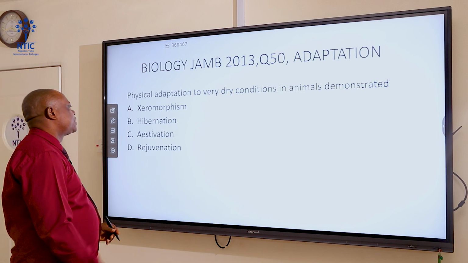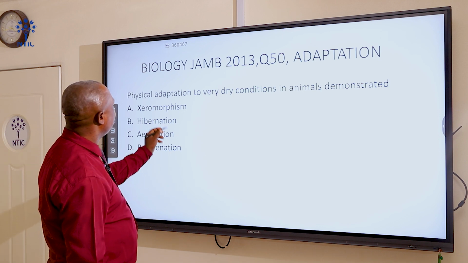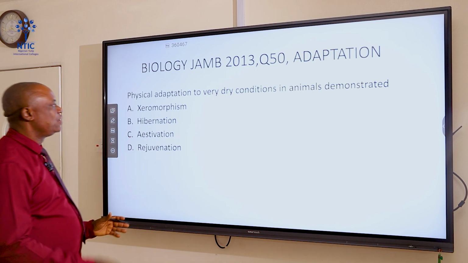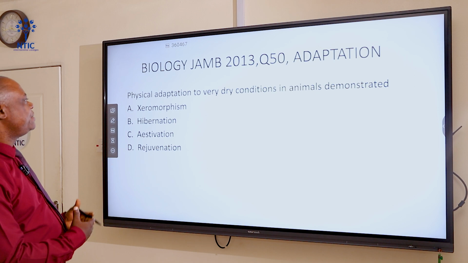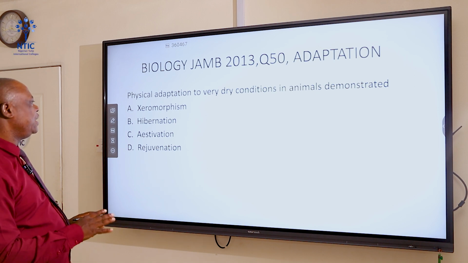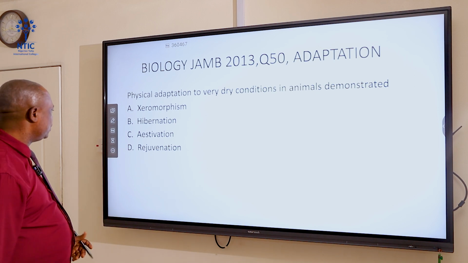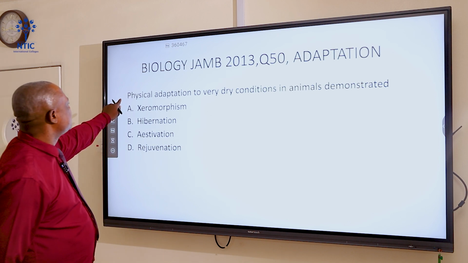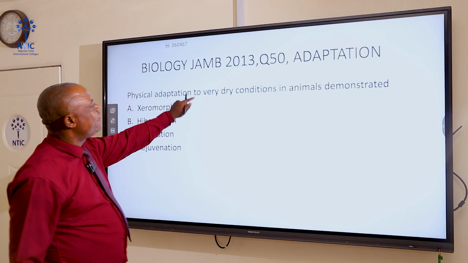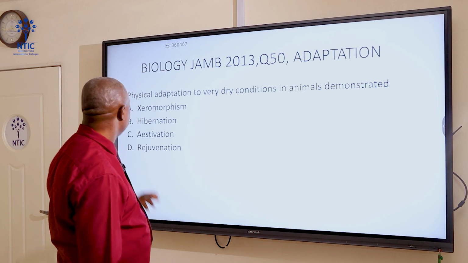Now, the two major terms here that are common are hibernation and estivation. One occurs in extreme dry condition, the other one when there is a cold condition. Now, the question here is physical adaptation to very dry condition.